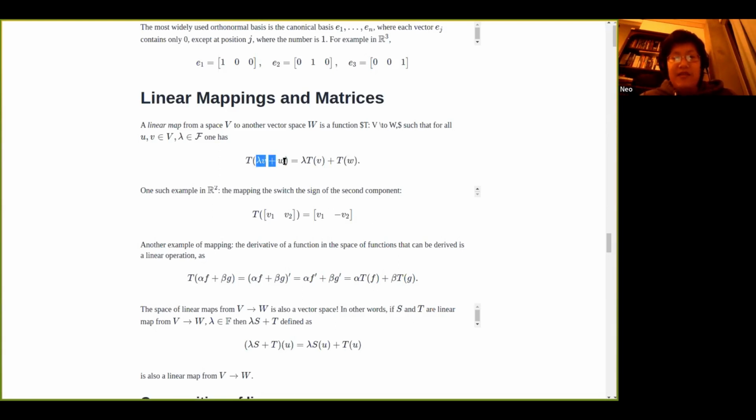But linear also comes from this equation here, where you can swap the function call with the scaling, and you can also remove the plus and put it outside of the function call, because you have an element in the input space.